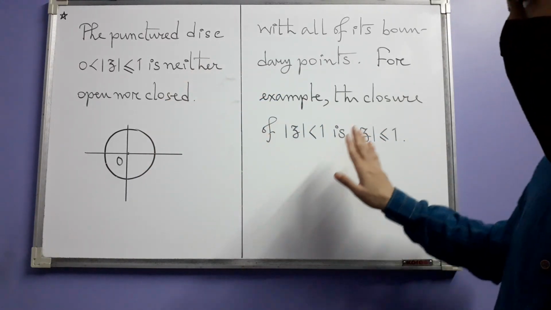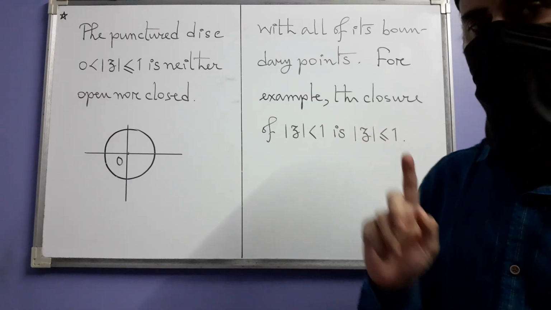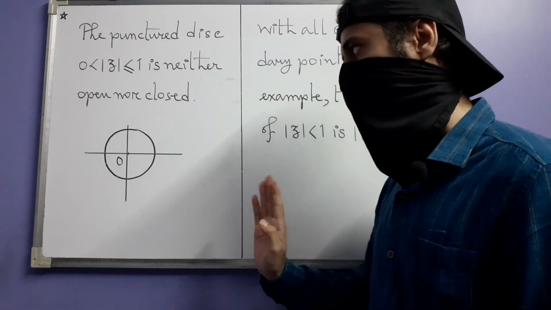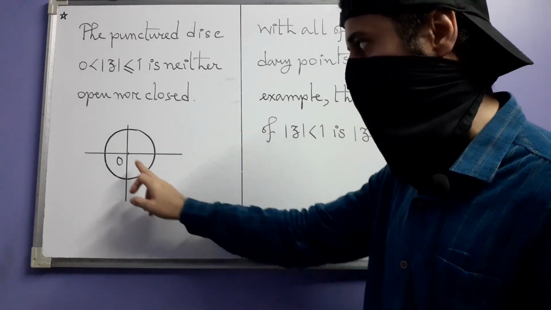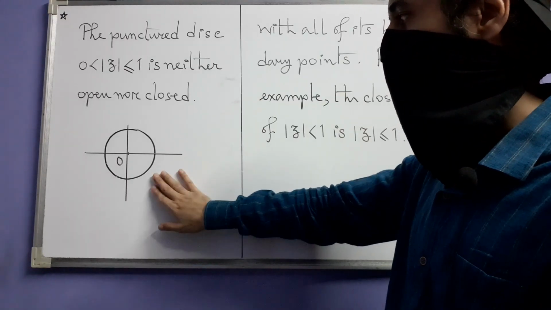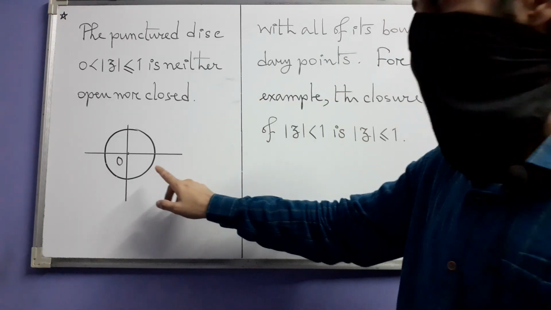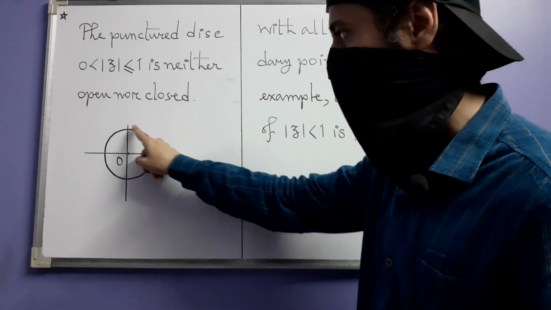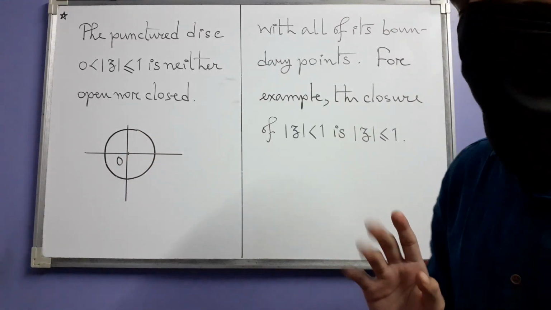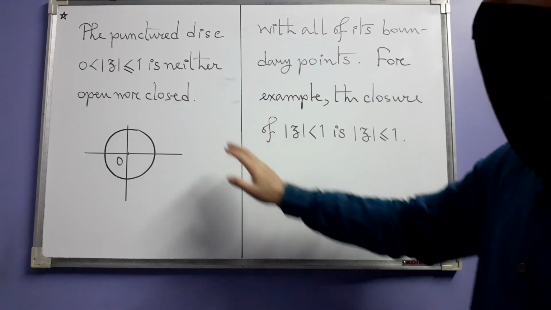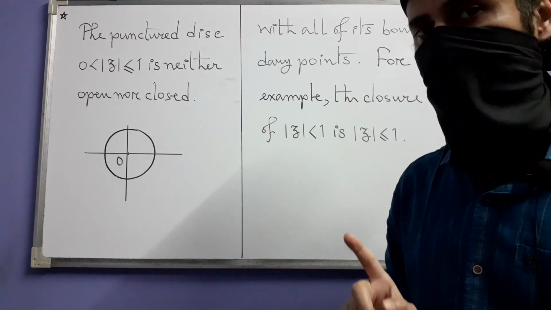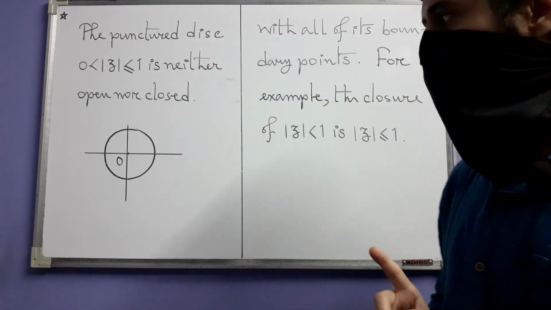This one is obtained from this set by removing the origin. You have to imagine that here; it's a bit difficult to show. You cannot of course show removing the origin. You imagine what this set is. It consists of all the points which lie on the circle and inside the circle, but the origin is not included. And the claim is that it is not open and also it's not closed.